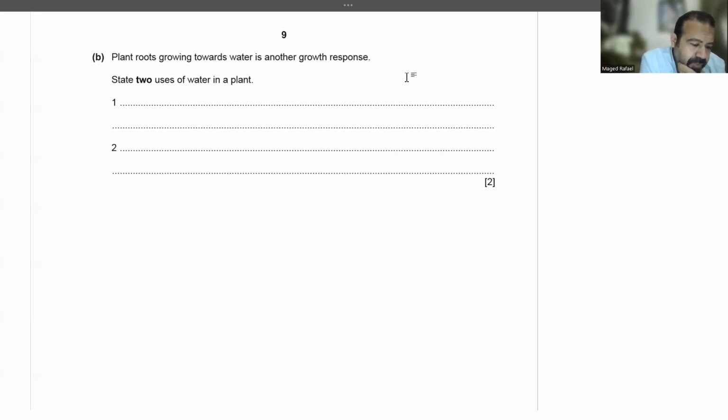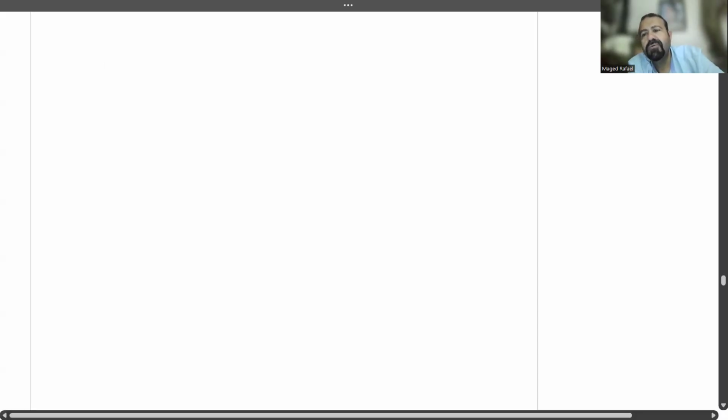Kids, why do we forget photosynthesis? Yes, exactly, Abdurrahman. Photosynthesis should come first. So photosynthesis, supporting tissue structure, plant cell turgidity, used as a solvent, transport medium for minerals, for example, Malak. I said 4 now, not only 2.